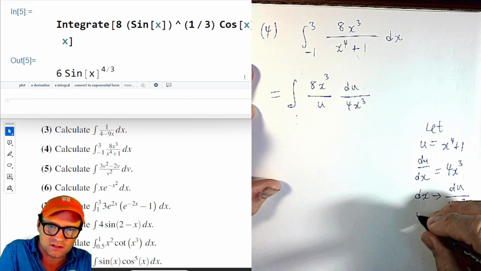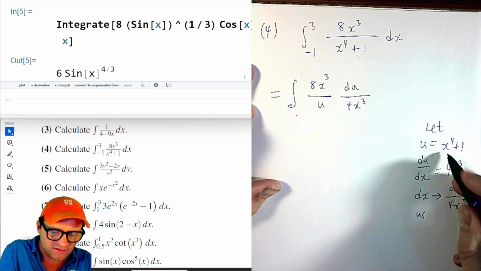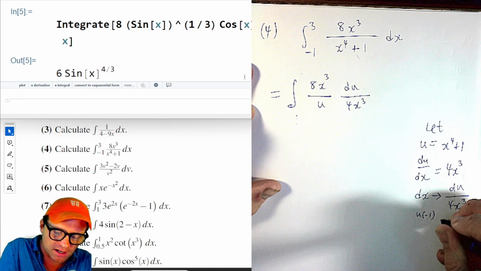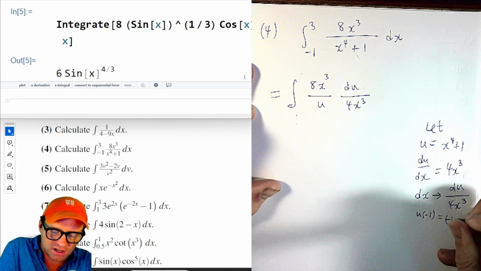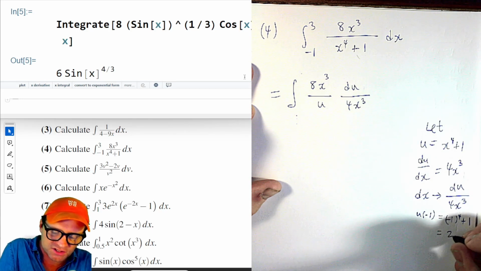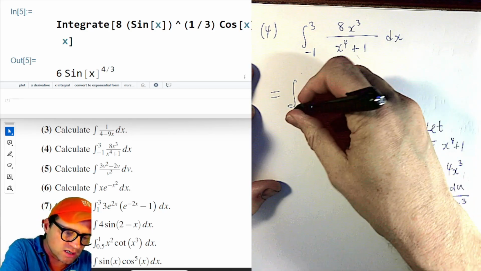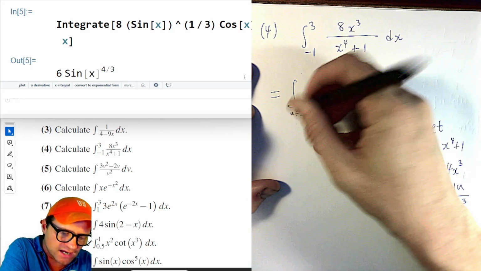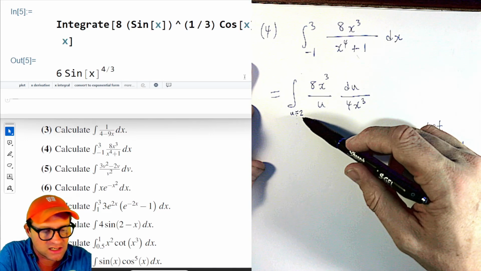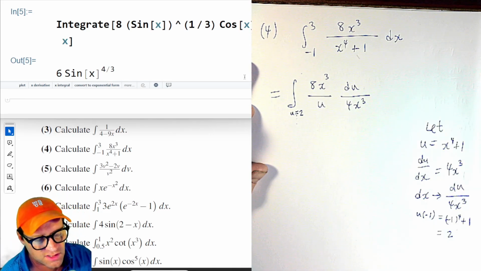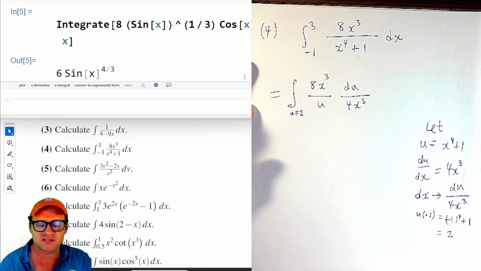Okay, so let's note u as a function of x is x to the fourth plus 1, but u as a function of minus 1 is minus 1 to the power of 4 and then plus 1, and so this is 1 plus 1, which is 2. So then down the bottom, this is u equals 2. You can leave it off if you like, but I think it's a good idea to put it in here, at least in one of these, so you're reminded that you're subbing in a u value rather than an x value.